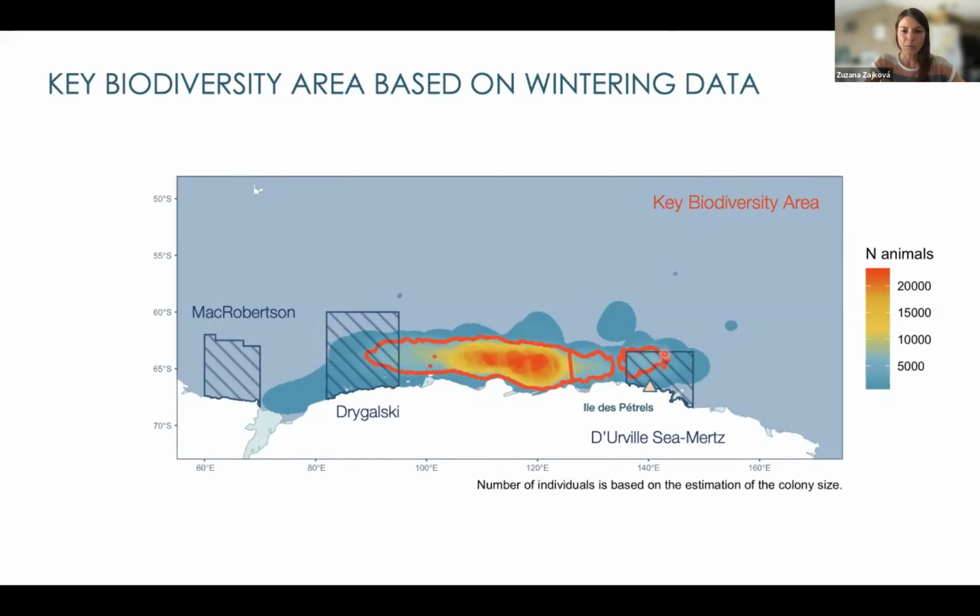Part of this area lies within the proposed protected area, the Hindell Seamount. However, the majority of the area lies just in between the two proposed protected areas, leaving the Adelie penguins out of the protection during the wintering period.